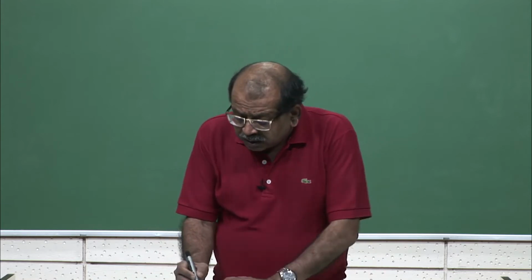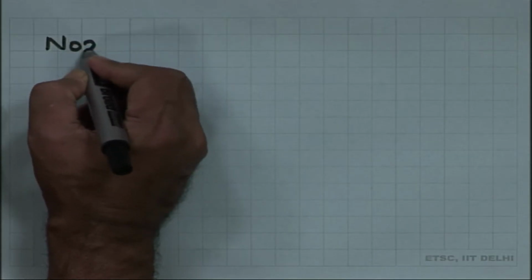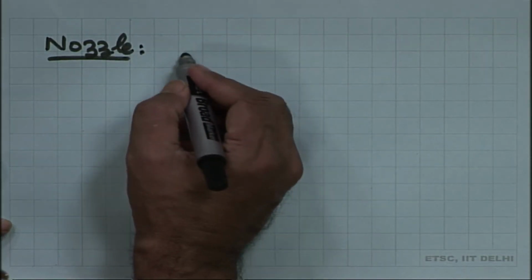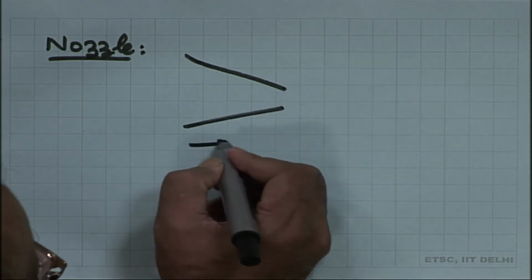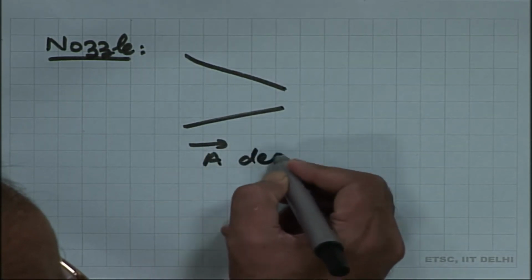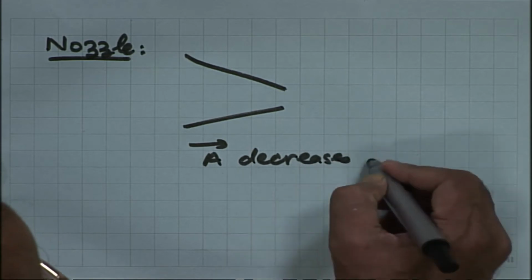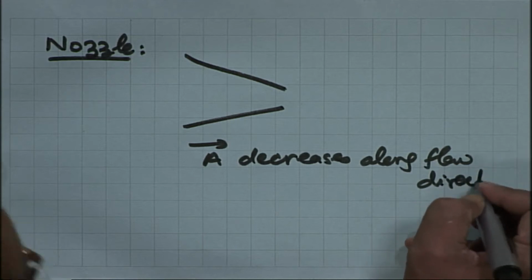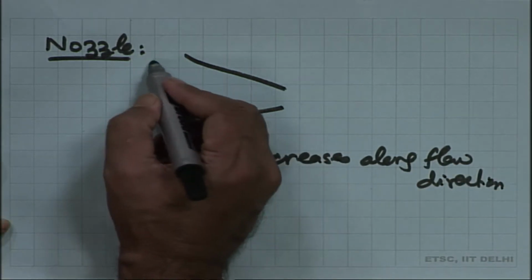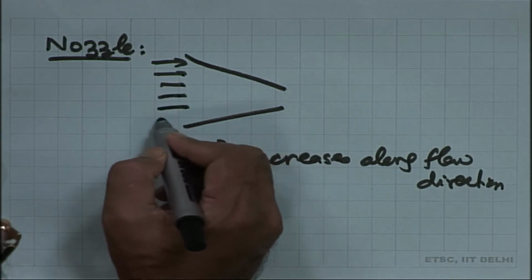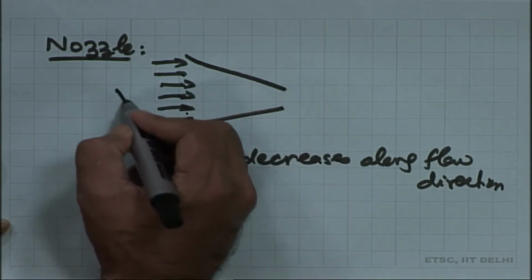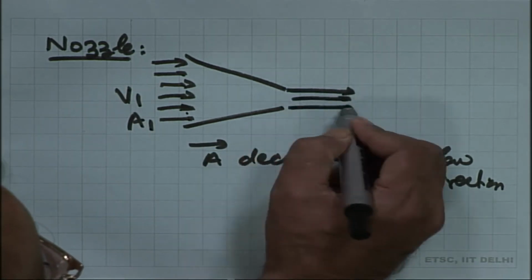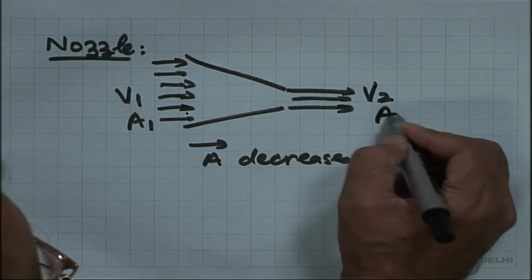And opposite to a diffuser is a device called a nozzle. In a nozzle, area decreases along the flow direction. So, here we have inlet velocity V 1, area A 1, and at the outlet we have velocity V 2, area A 2.